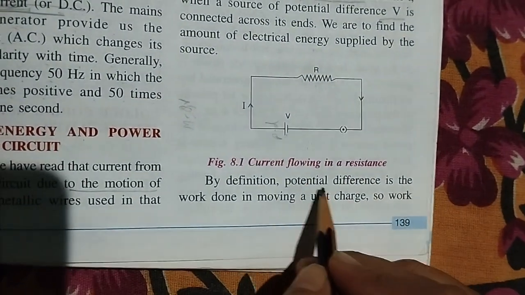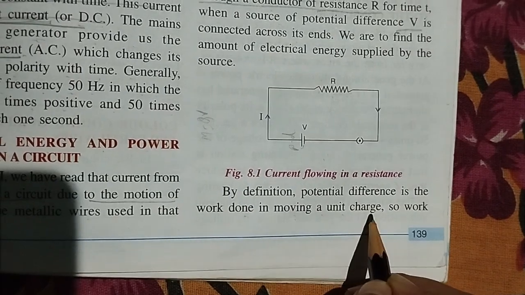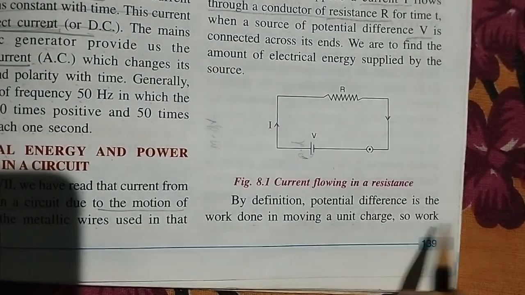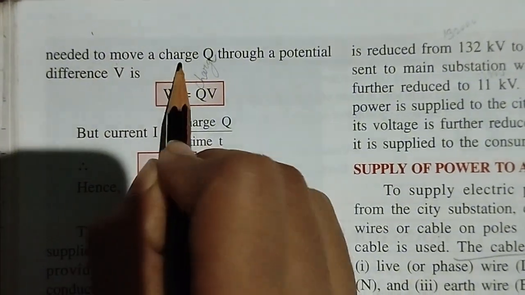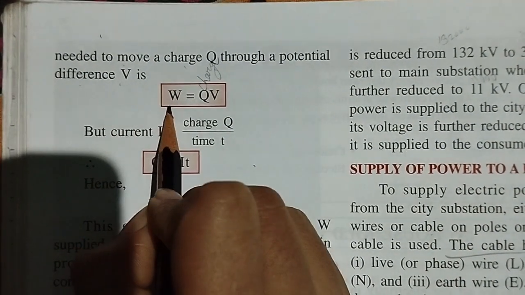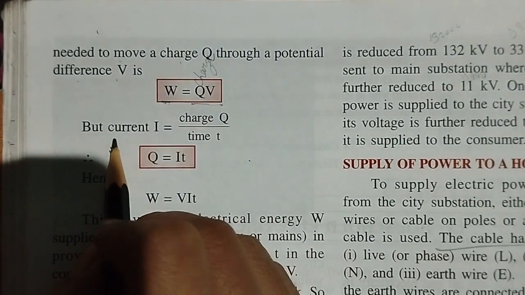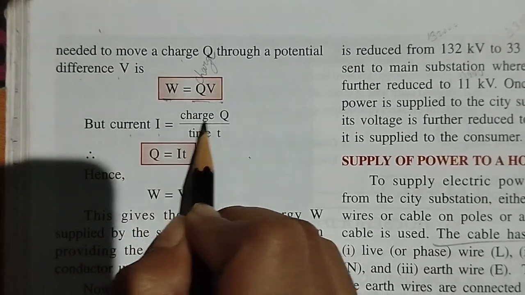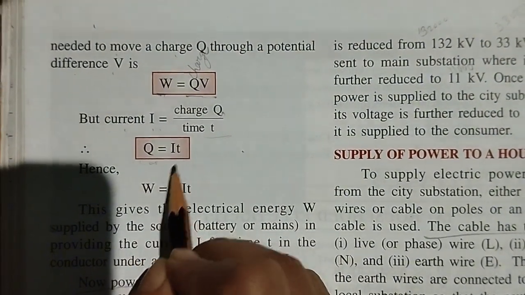By definition, potential difference is the work done in moving a unit charge. So the work needed to move a charge Q through the potential difference V is W equal to Q into V. But current I is equal to charge by time, so Q is equal to I into t.